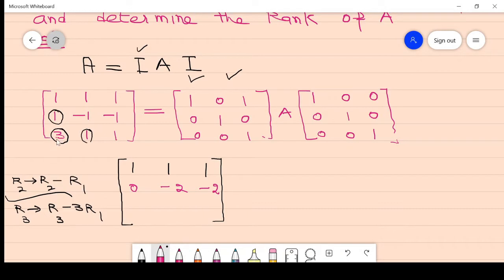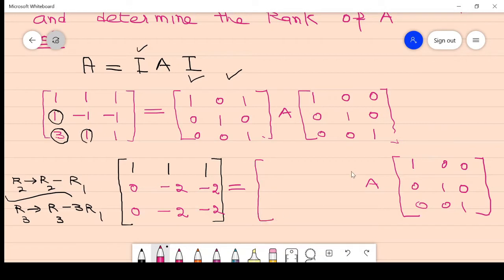Now from the third row, this is -3, again 0, so 1 minus 3 is -2, again 1 minus 3 is -2. Now remember, this matrix will be fixed, there will be no change in it, but row operation affects this matrix.